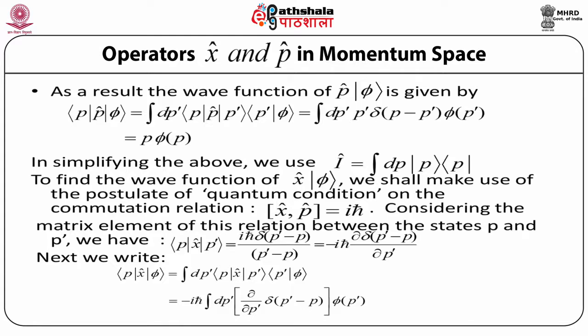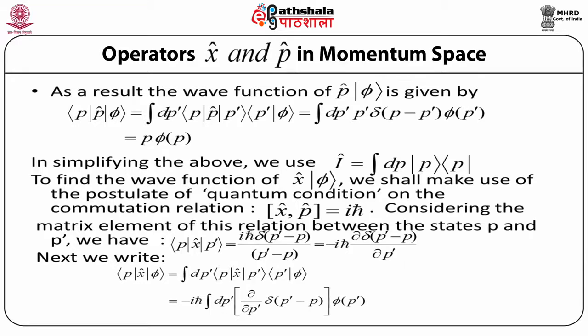Considering the matrix element of this relation between the states p and p prime, we have bra vector p, operator x, ket vector p prime is equal to i h cross delta(p minus p prime) times minus p upon (p prime minus p), which is equal to minus i h cross del by del p prime delta(p prime minus p).